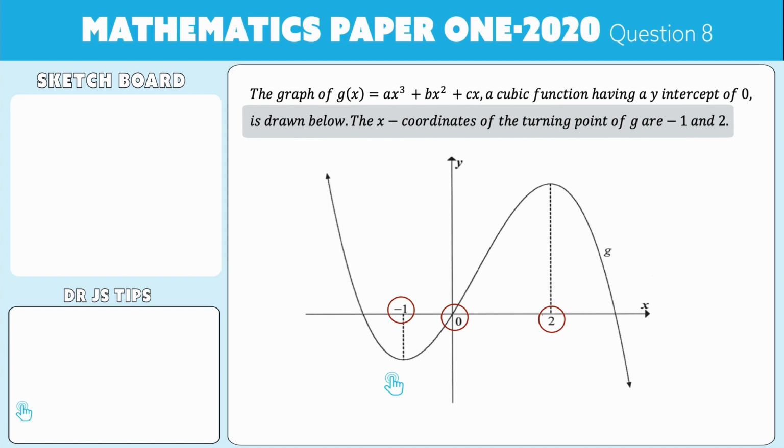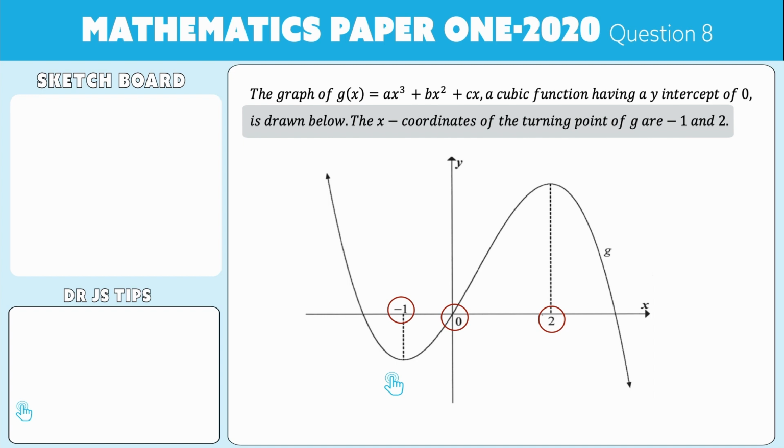Okay, so let's first of all talk about the way the graph looks that they gave us. They gave us a cubic without giving us the A, B, and C values. Okay, so we know the following. Now let's put this on our sketchboard and see if this is indeed the case.